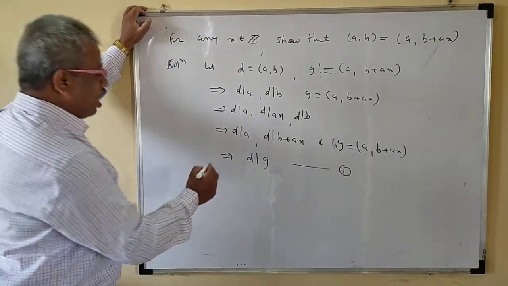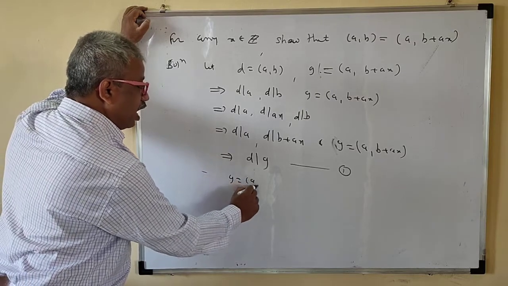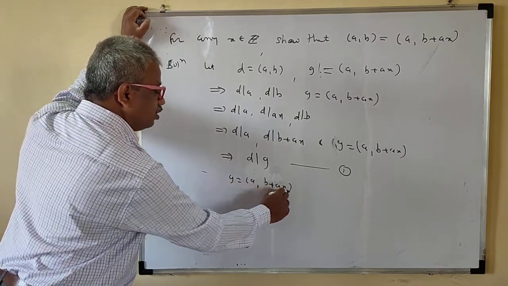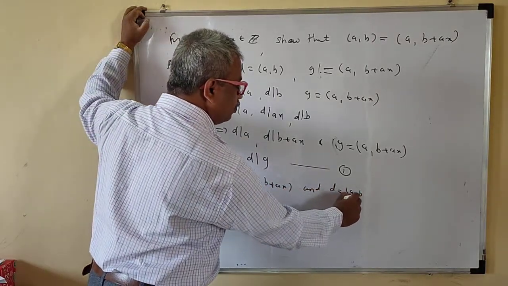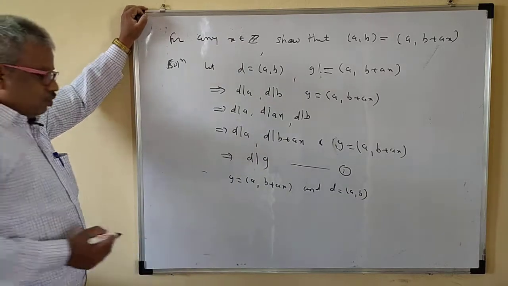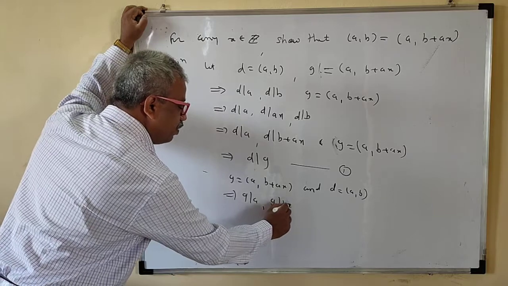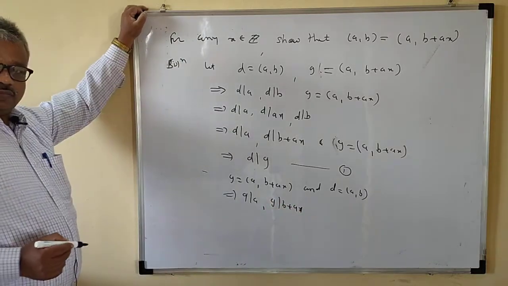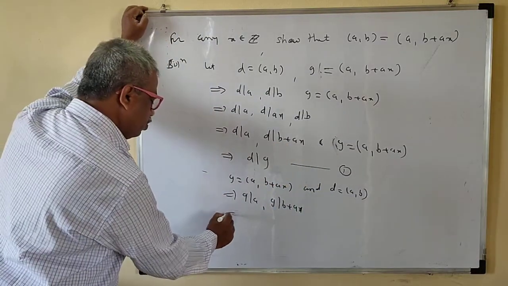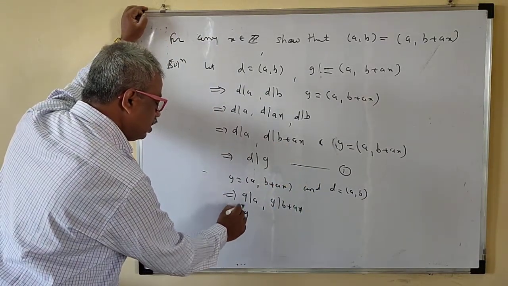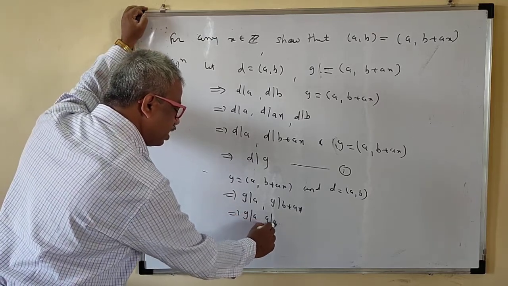Okay, now next, I will assume in the second one that g is equal to GCD of (a, b plus ax), and d is equal to GCD of (a, b). So this implies g divides a, g divides b plus ax, right? Now g divides a, so g divides ax.